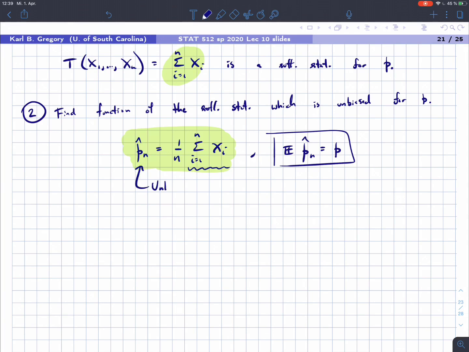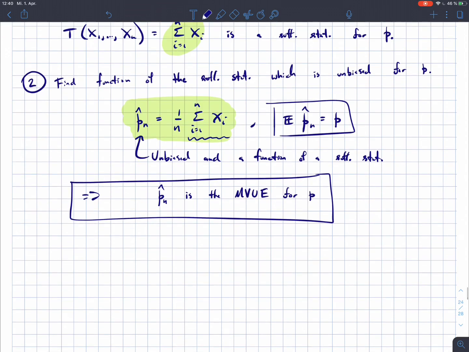Therefore, this P hat n is the minimum variance unbiased estimator for P. Among all estimators which are unbiased for P, this is the one with the smallest variance.